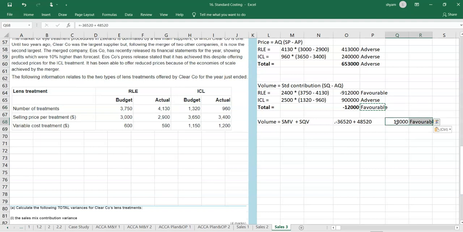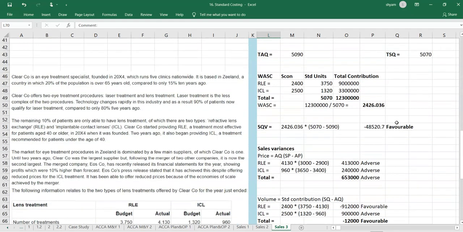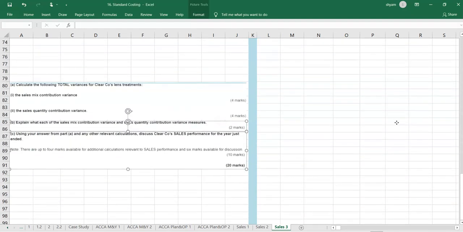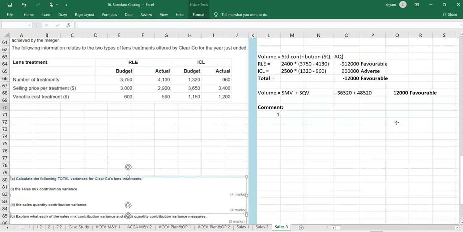Now our consideration is, what is the interpretation or comment? Okay, so we'll start. So let's copy the question and place it in its own place.